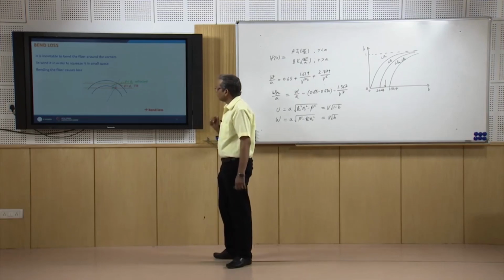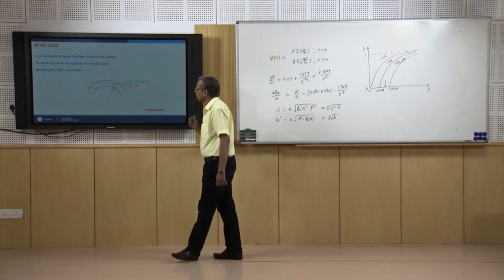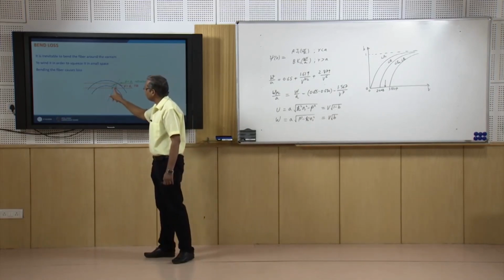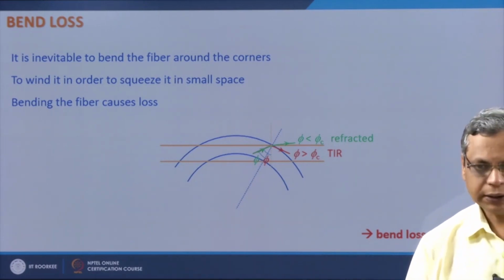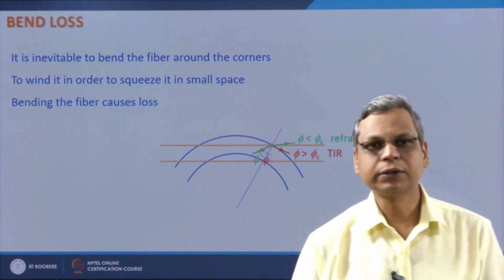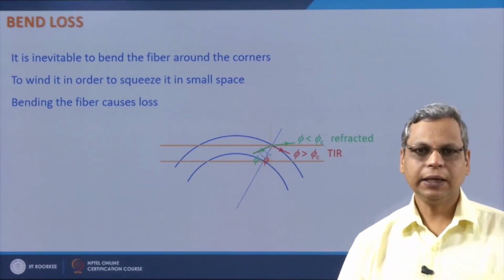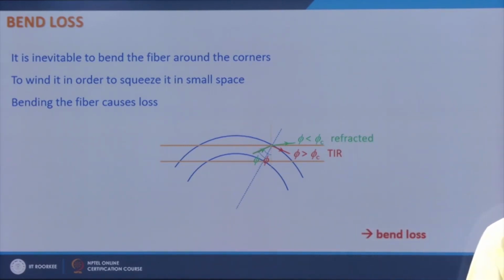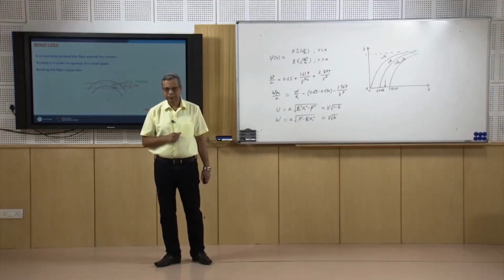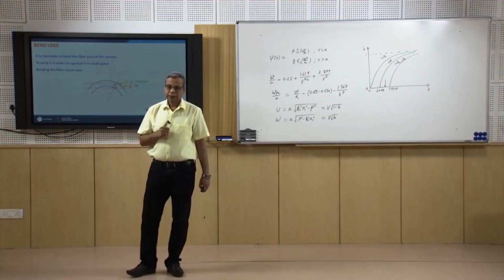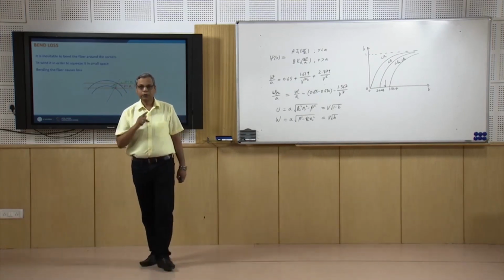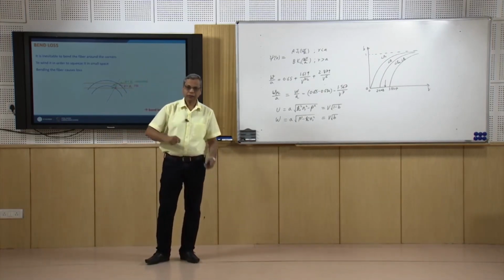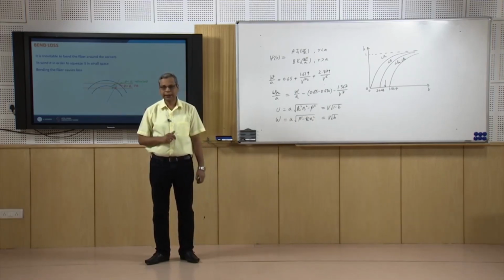How sensitive would the fiber be to this bending? It will depend upon how close this phi is to the critical angle. If this angle phi is very close to the critical angle, then even a small bending will cause bend loss. If this angle is close to the critical angle, it means that the mode is close to cutoff and the field spreads more and more in the cladding.